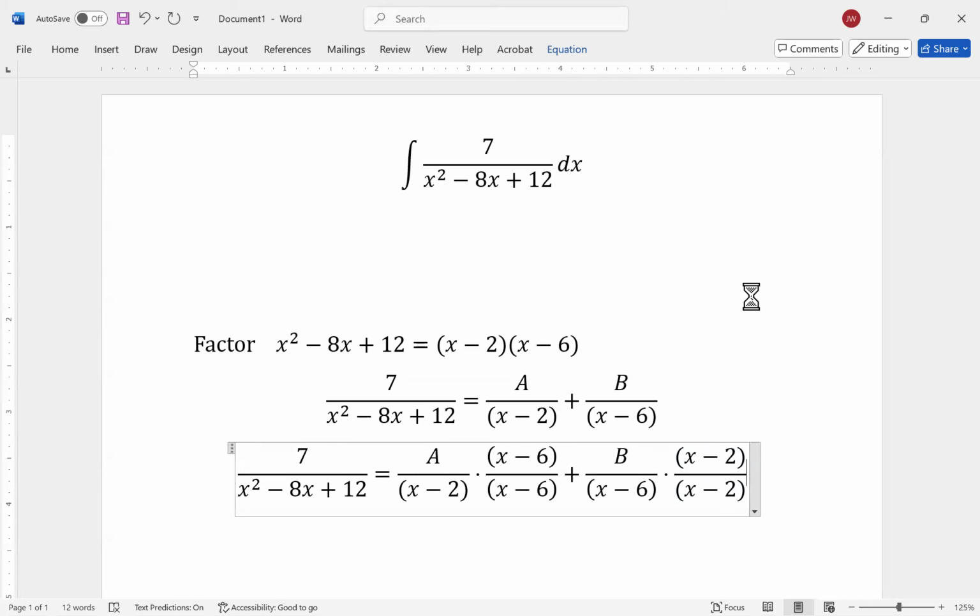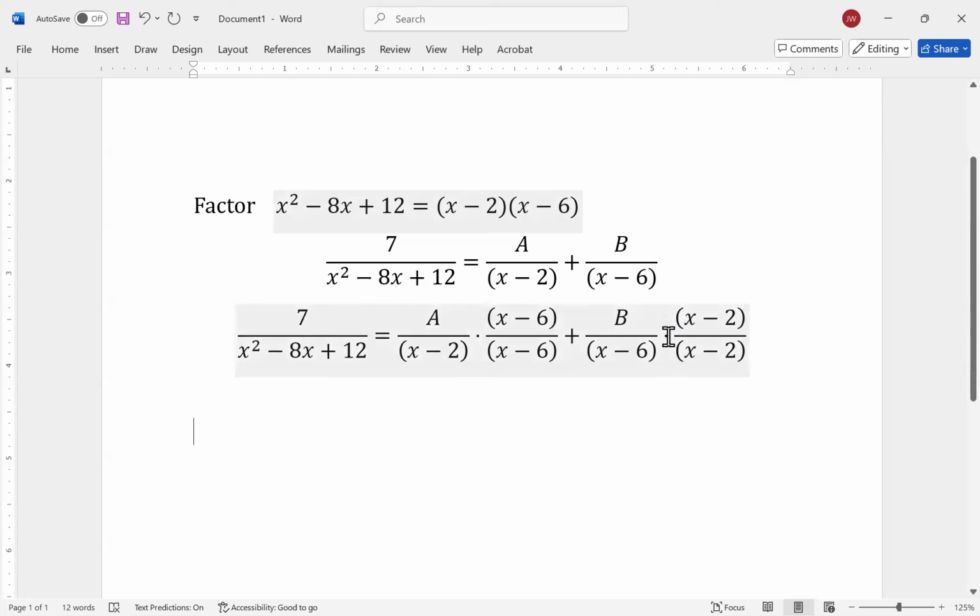Now I have common denominators. Therefore, the numerators have to be equal. I'm going to set this up in one step. 7 is going to have to be equal to ax minus 6a plus bx minus 2b.